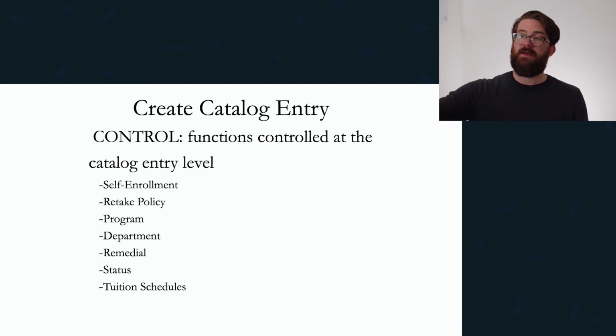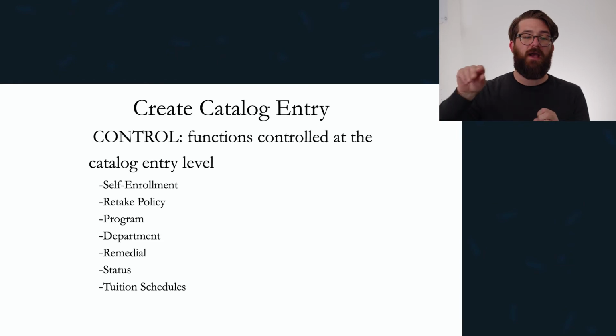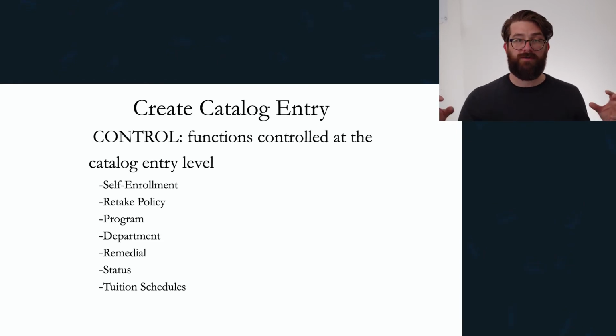Controls means that these fields here on the catalog entry actually control things for all courses listed under that. So all course instances that are based on this course catalog entry are controlled by these fields here.